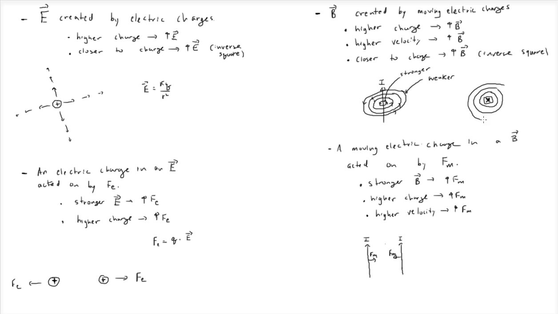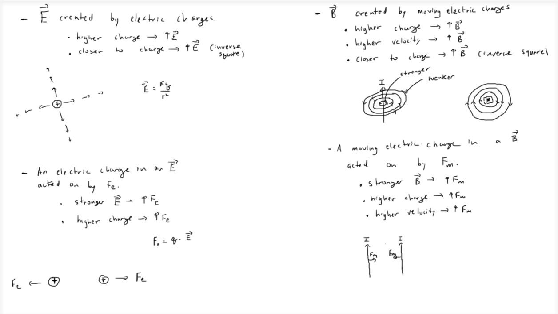Just imagine that these are circles. And then you'd have a magnetic field that looks like this.